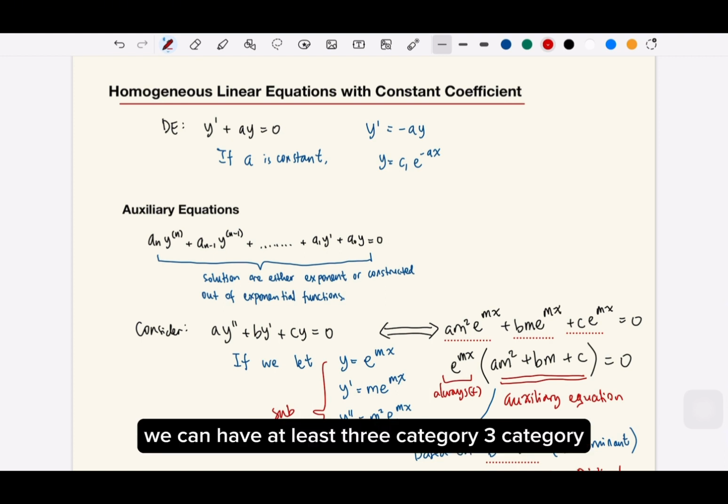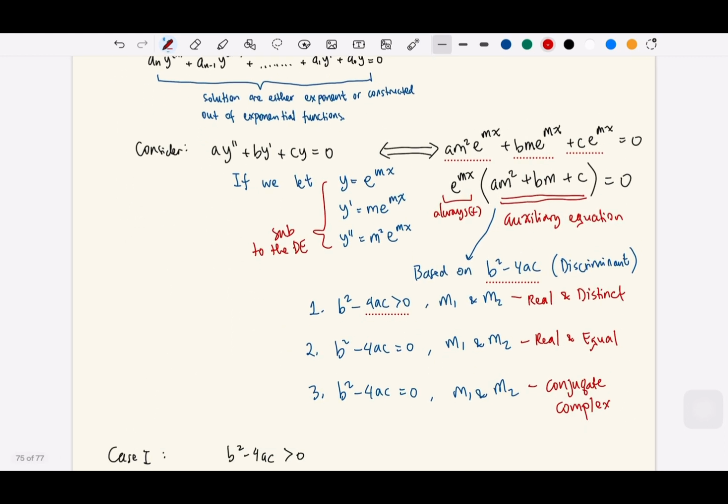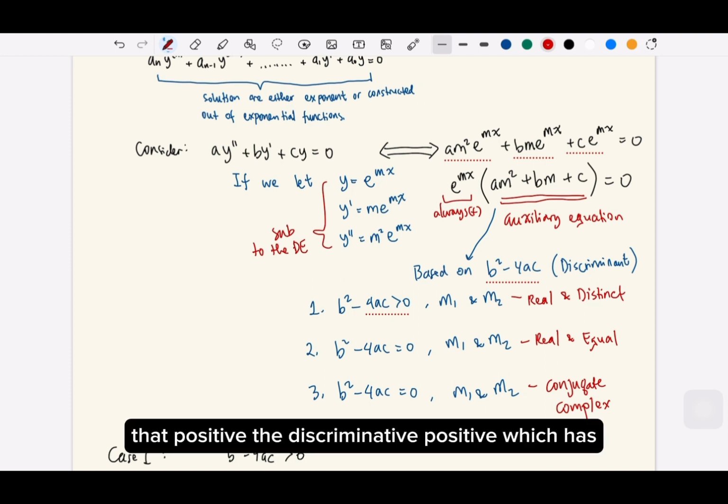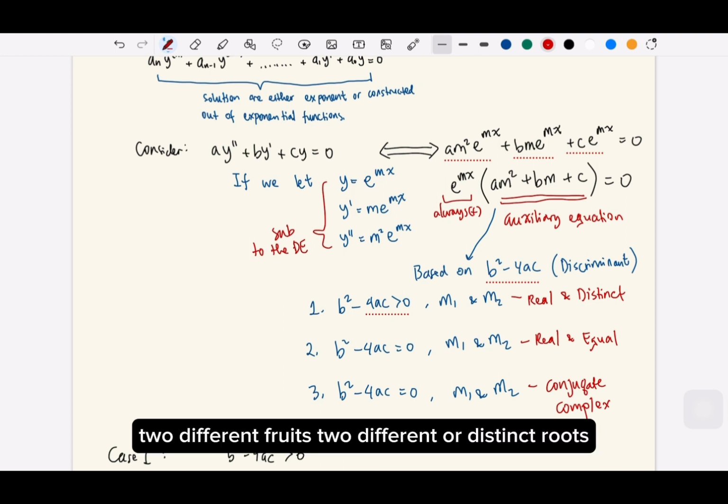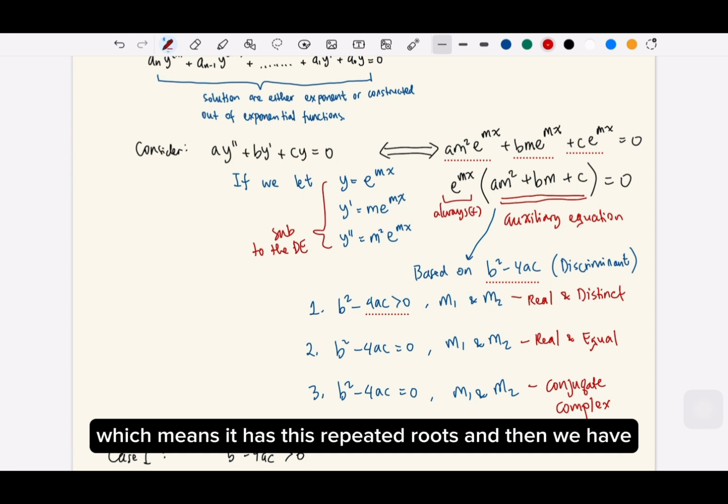We can have at least 3 categories. First, the discriminant positive, which has 2 different, distinct roots. Then the discriminant equal to 0, which means it has repeated roots.